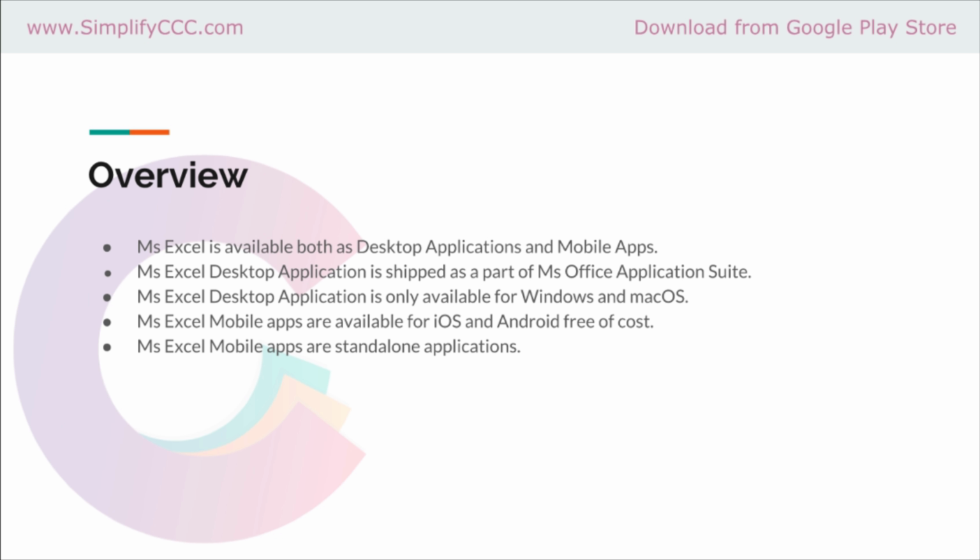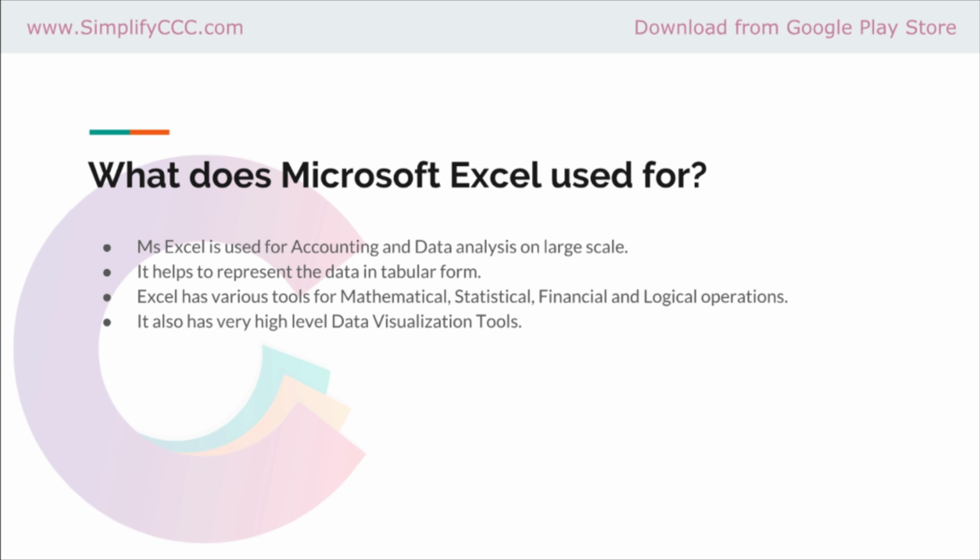It is only available for Windows and Mac OS. For Linux, it is not available. There are other office tools used there. Apart from this, it is available free of cost for iOS and Android, but for desktop it is paid.